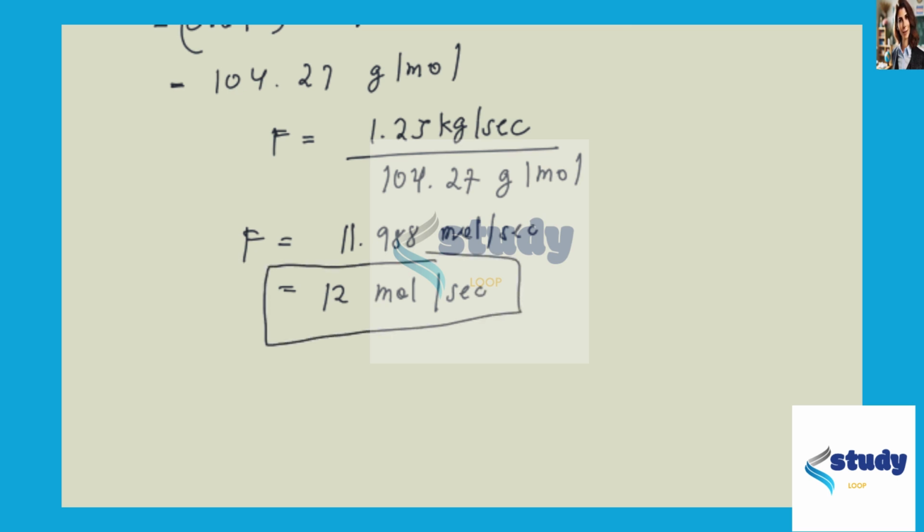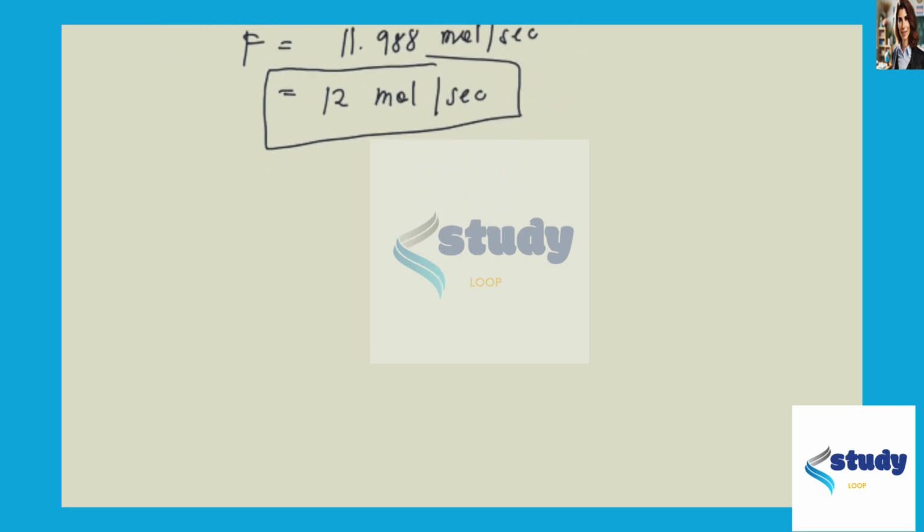Now for the minimum reflux ratio, we need to plot the equilibrium data. From the reflux ratio, we have the slope of the operating line, which is (xD minus y) over (xD minus x).